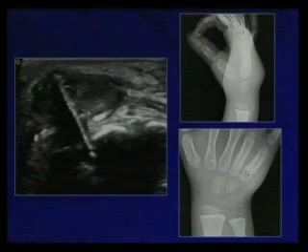In this case, this patient has osteomyelitis of the 4th and 5th metacarpals, and they requested the ultrasound to check for fluid collections. When we went there, we found this foreign body going through the bone with this foreign body granuloma reaction, or maybe an abscess around the foreign body.